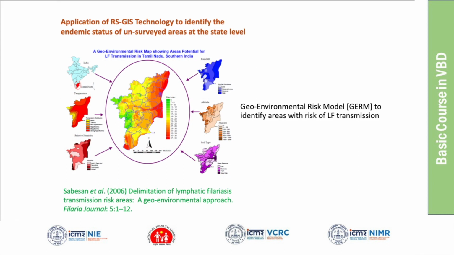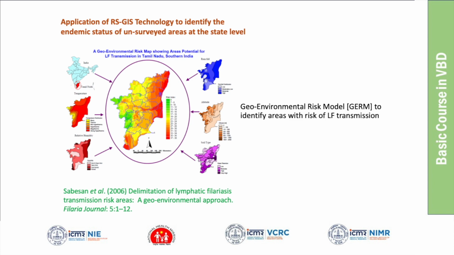Initially, for Tamil Nadu and Pondicherry, we developed a transmission risk map called the Geo-Environmental Risk Model, or GERM, to identify areas with the risk of transmission.